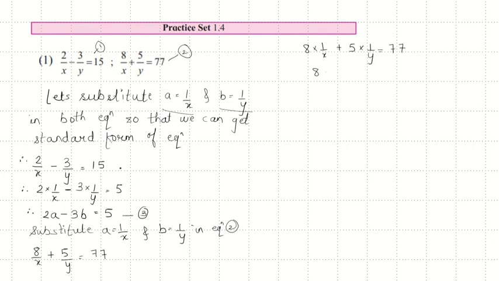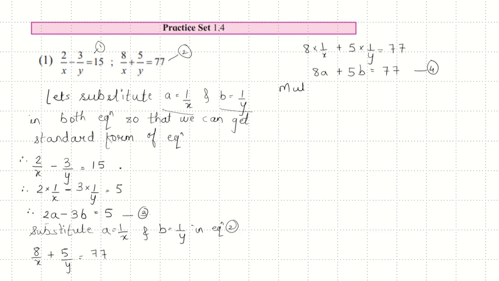So it will become 8a plus 5b is equal to 77. This will be equation number 4. Now we need to first find out the values of a and b. So multiply equation number 3 by 4. Why are we multiplying this equation by 4? Because if we multiply this 2a by 4, we will get 8a, so it will become easier for us to solve further.